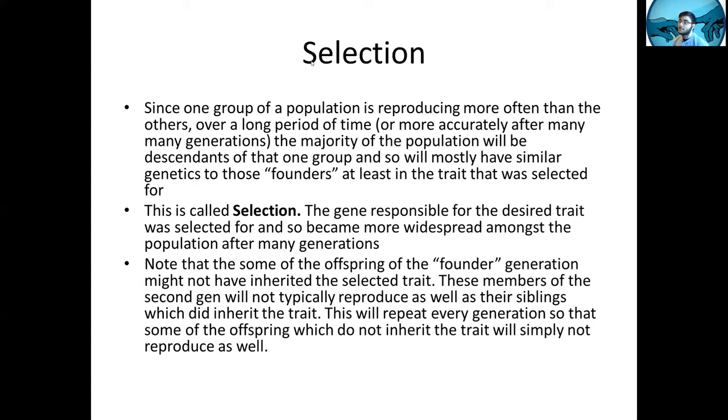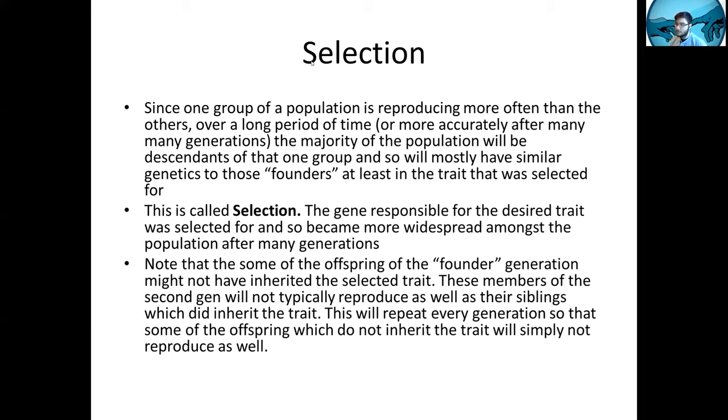So over a long period of time, the majority of the population will be descendants of that one group. And so they'll most likely have similar genetics to those founders, at least in the trait that was selected for. And when we talk about selection, we're usually talking about a trait or traits that are selected for. So yes, all of the genetics of that original founding group will be passed on to their offspring.